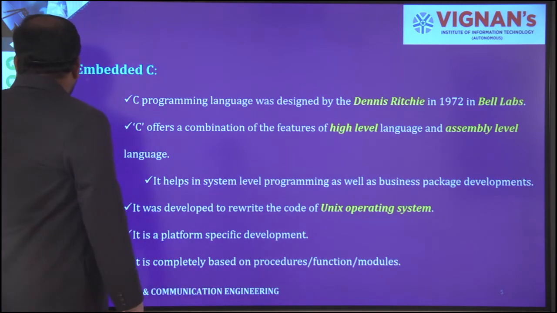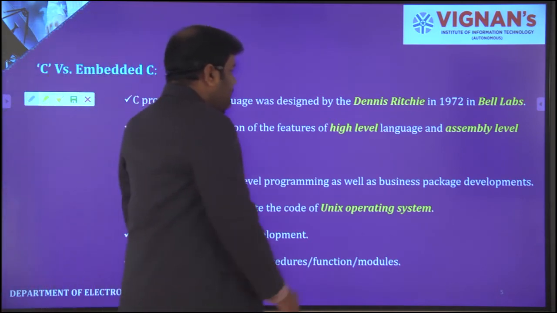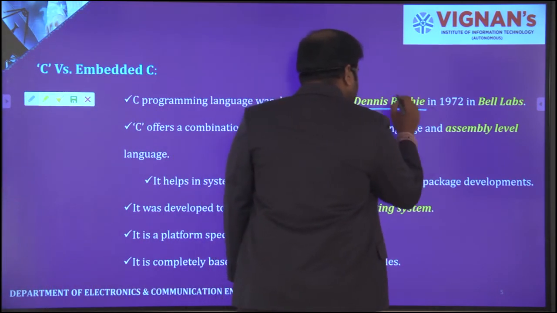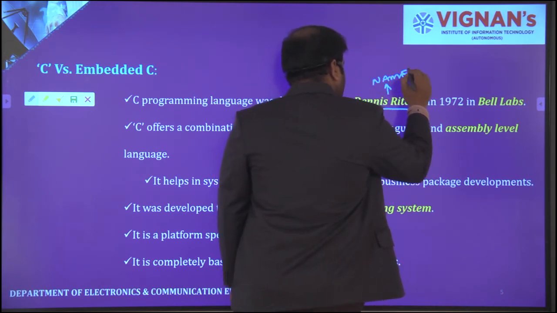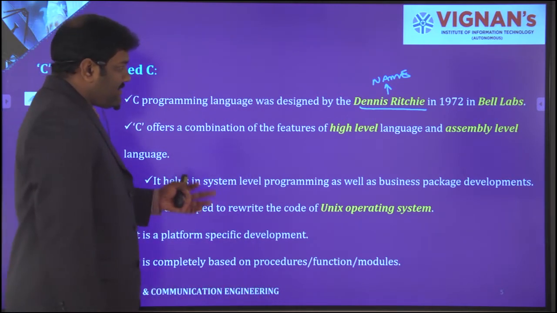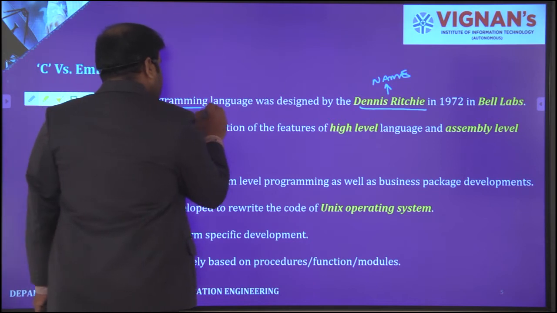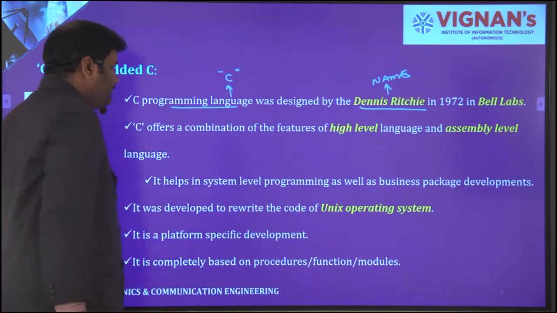So first one, what is C program? C was introduced by Dennis Ritchie in Bell Laboratories. That is the name of the scientist, Dennis Ritchie. In 1972 in Bell Laboratories, he tried to program the entire language using C only, as a coding language.